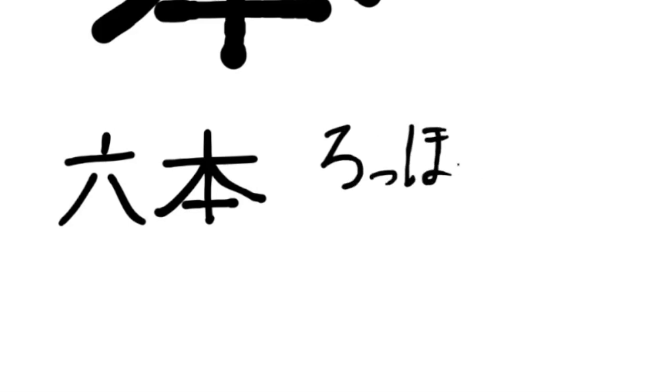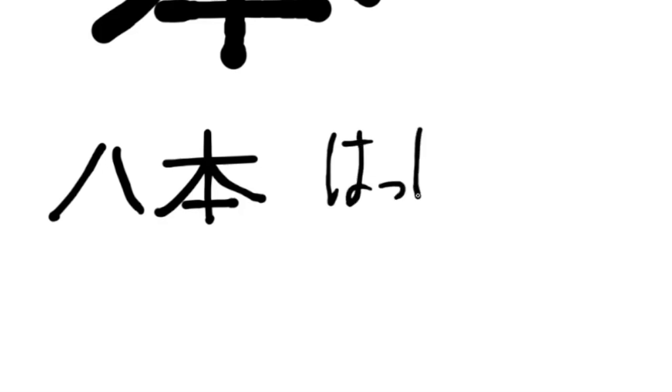Means six long and cylindrical objects. This is nanahon. Means seven long and cylindrical objects. This is happon. Means eight long and cylindrical objects.